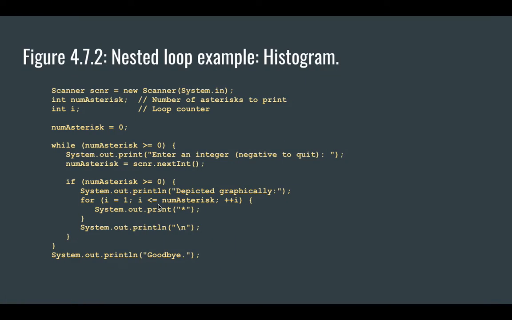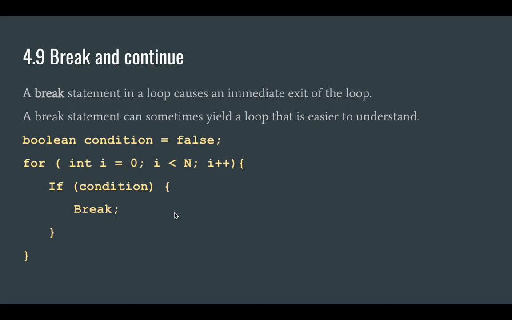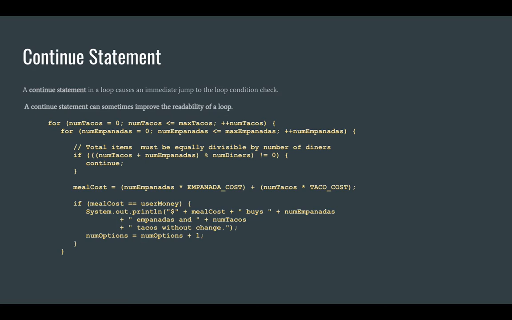Okay. All right. Let's go on. So we have the break, and we have the continue. Now you guys understand the break. If a certain condition is hit and we want to exit the for loop, we want to short circuit, get out of it earlier, then that's where we'd hit the break, right? We also have the continue statement. The continue is a little bit different. In the continue, when we hit a certain condition, we're going to stop at that condition and go back up and hit the top of the for loop again.